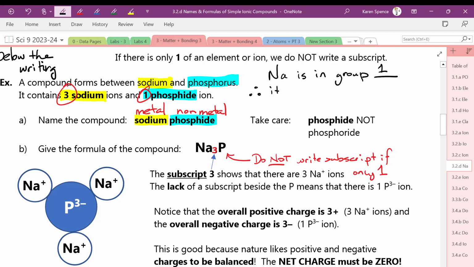Therefore, it has how many valence electrons? Tell your partner what a valence electron is. What is a valence electron?